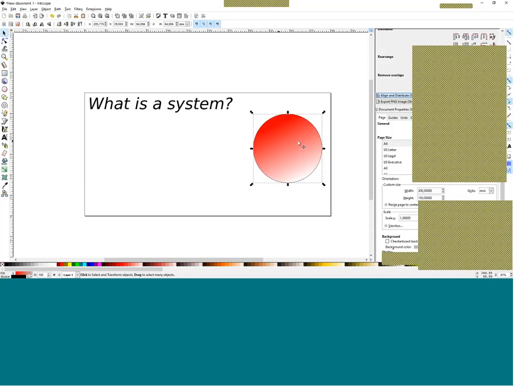We've done this before when we looked at physical systems: we ignore everything around that physical system to draw a boundary, and in this current case, we can say, for example, this is our system.